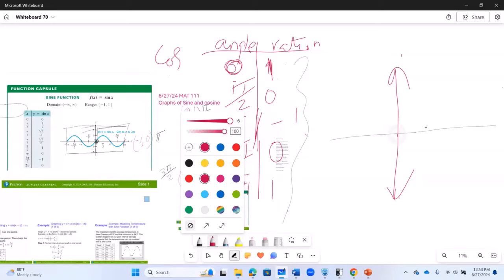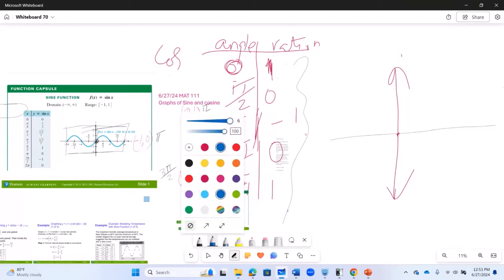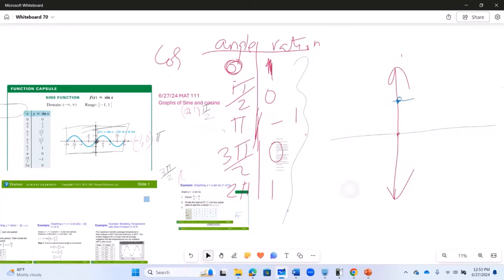When x is 0, y is 1. Let's make 1 here. In other words, cosine of 0 is 1. Cosine of 90, pi over 2, is 0.